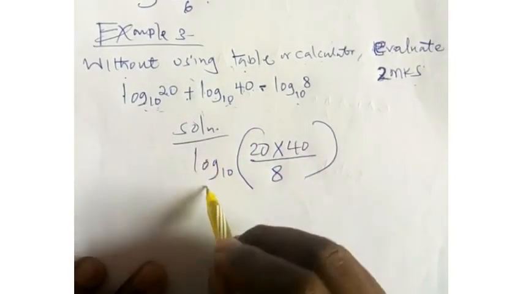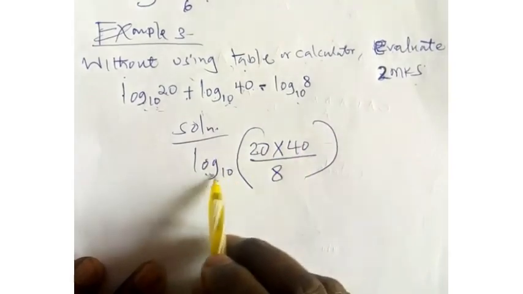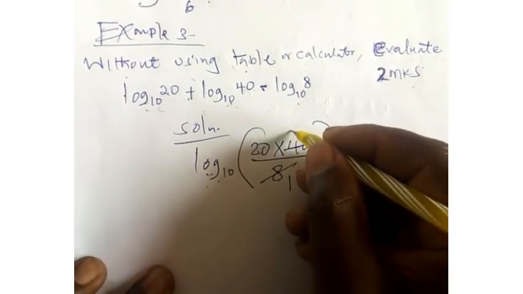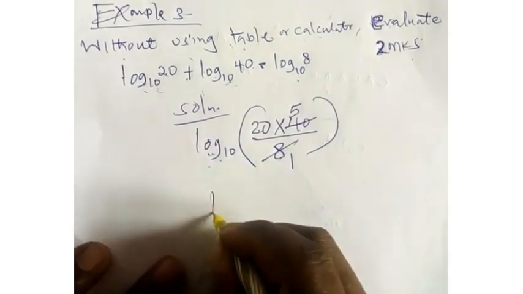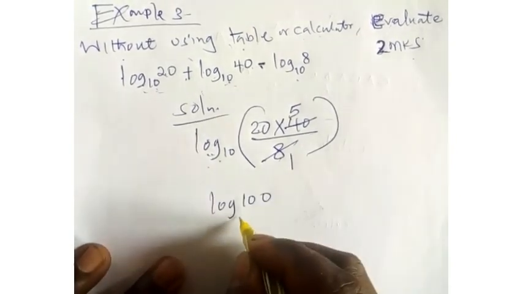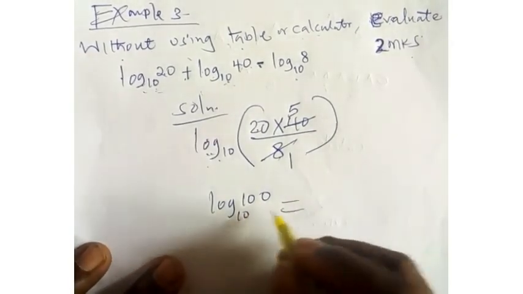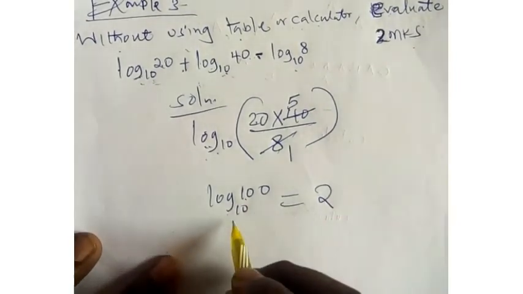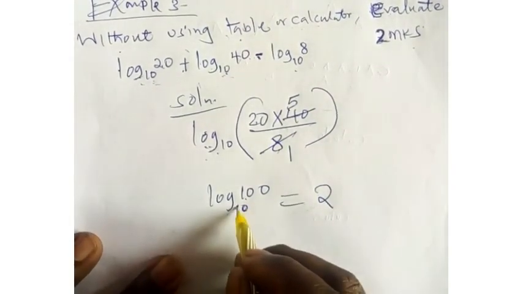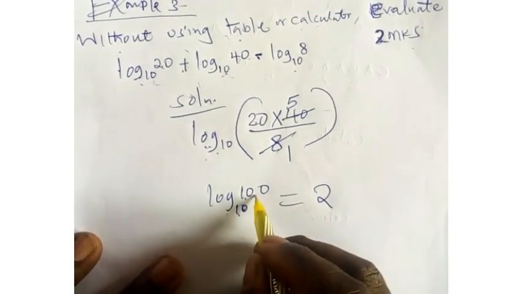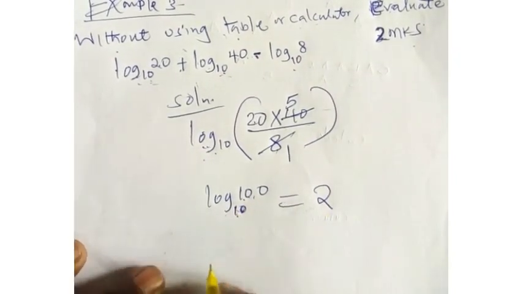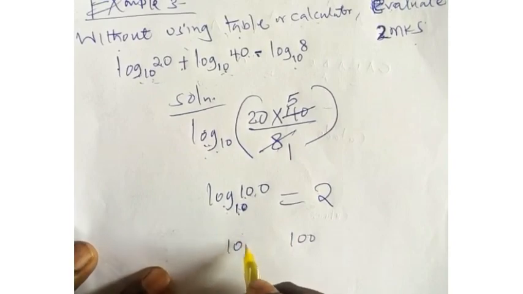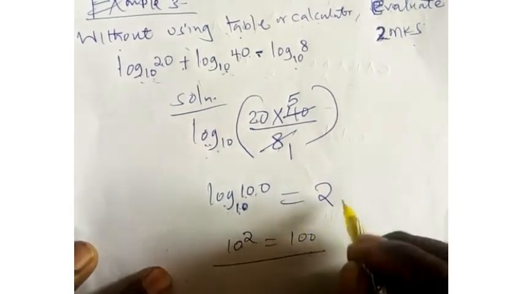This log stands for everything: log 20, log 40, log 8. So from there, now you cancel, and what? 5. Now we have log 100 to base 10. What is that? That is 2. Yes, you should know that. The base is 10. So which number will you raise the base to, to give you 100? It is 2. You ask yourself, the base is 10 and the answer is 100. Which number will I raise 10 to, to give me this? It is 2. And that one gives you the answer.